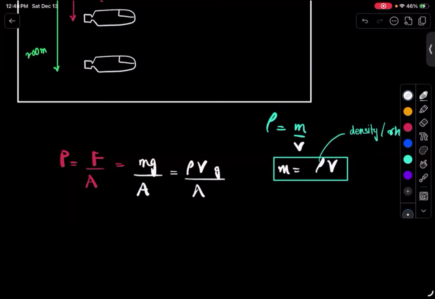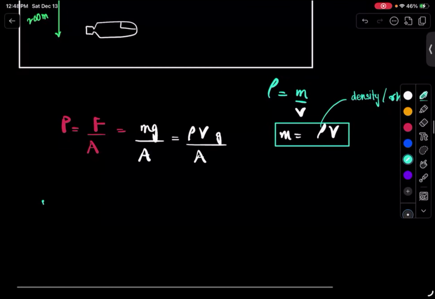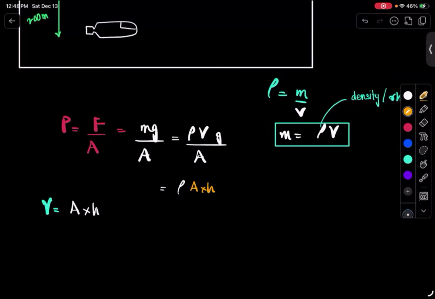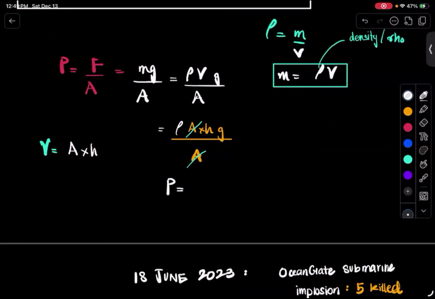Now, if mg over A becomes rho V g over A. Now, what is volume? Isn't volume considered to be the area multiplied by the height, right? Instead of writing volume, can I write area multiplied by height, into g over A? That means A and A cancel out, and what are you left with? Then you are left with pressure is equal to rho g h.